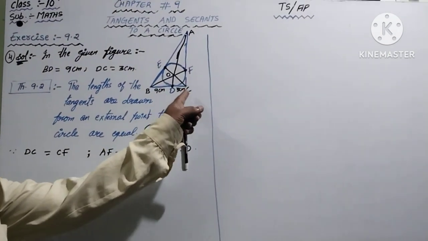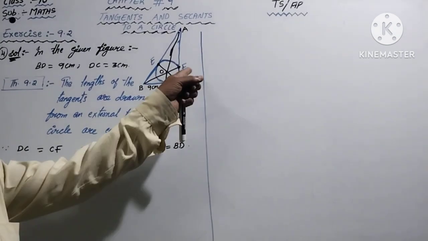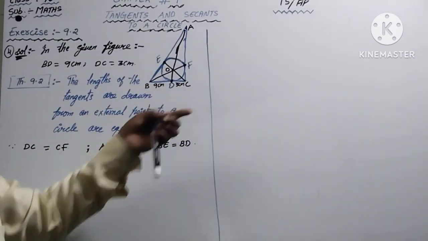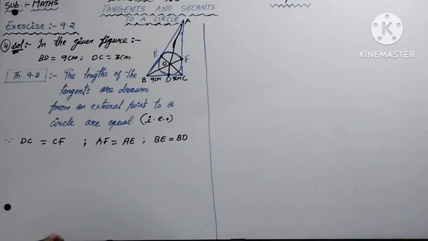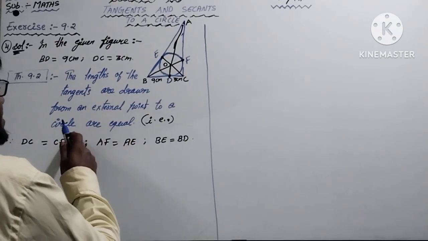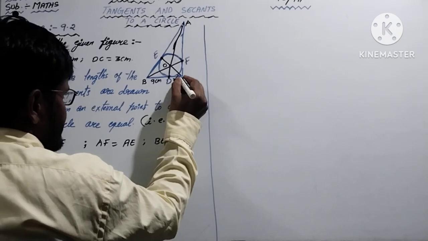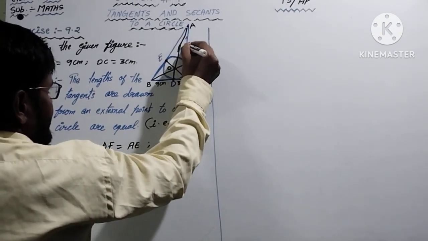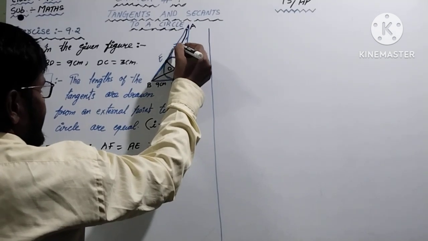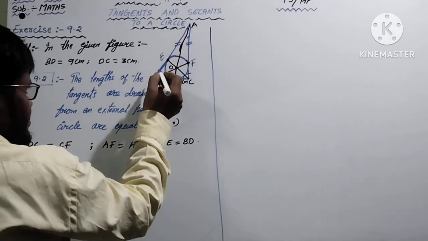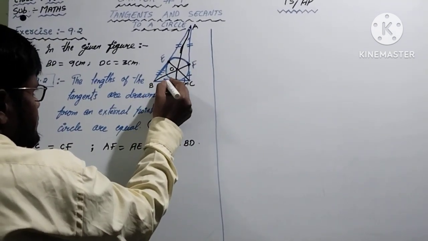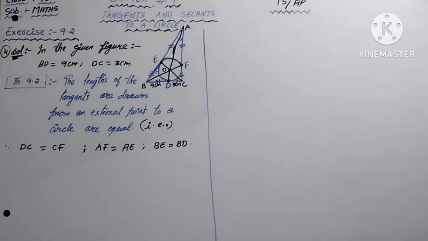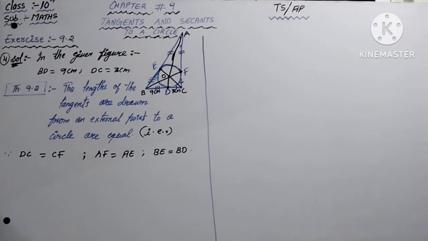So DC equals CF, FA equals AE, BE equals BD. The lengths of the tangents drawn from an external point to a circle are equal. Remember these points, this is an important theorem, so remember it carefully.